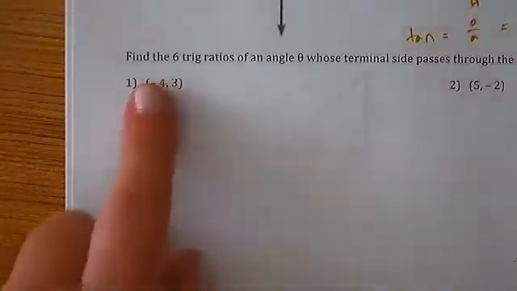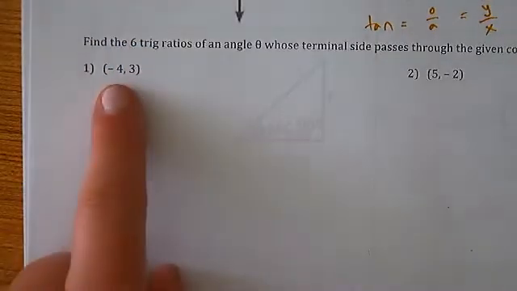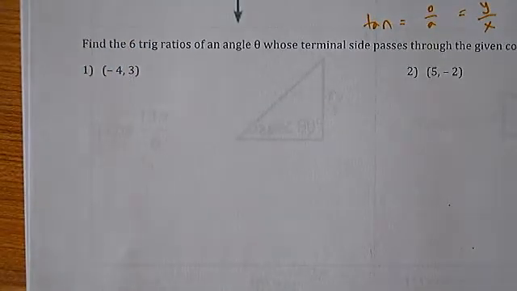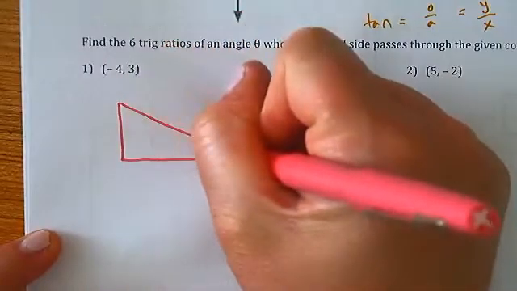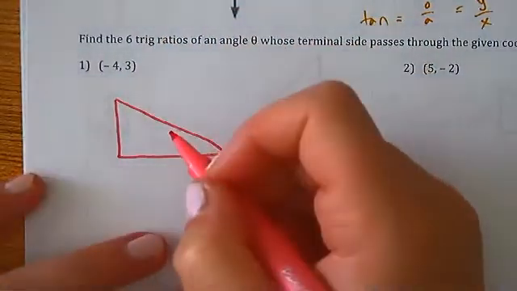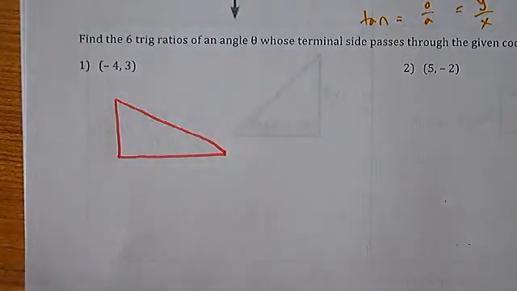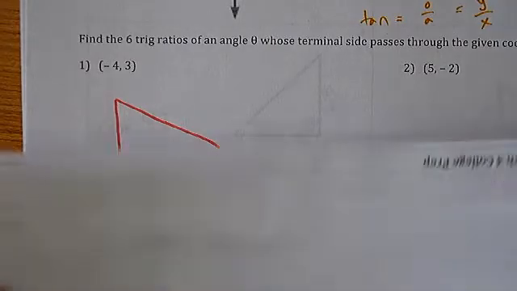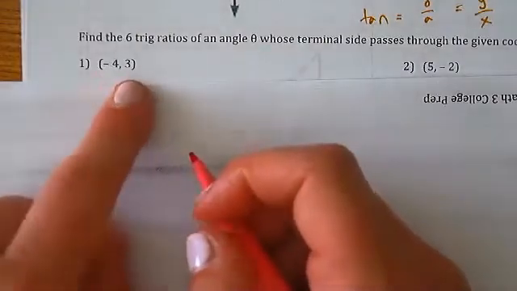So really quickly, we're just going to do a quick little example here. We're going to write all 6 trig ratios using this coordinate point. So that does mean that we have to draw a picture. Do you guys see how this is -4, 3?